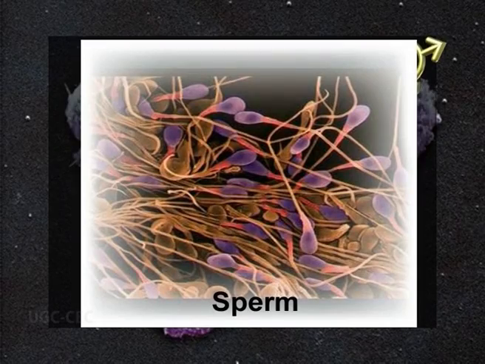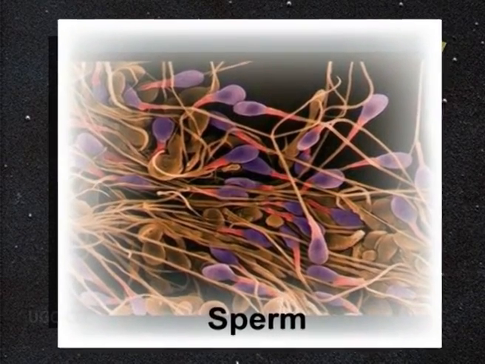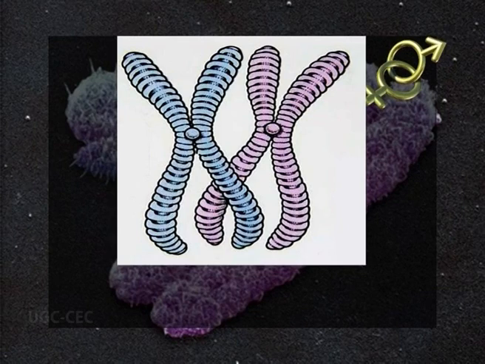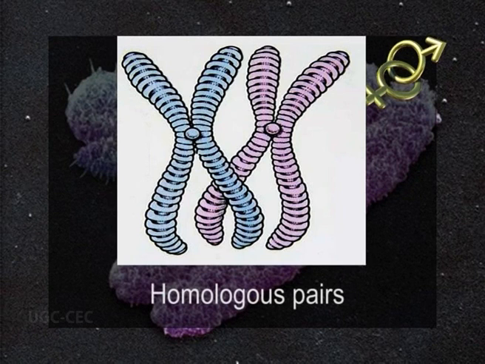Sex chromosomes are thus the chromosomes within a cell that determine the sex of an organism. In all organism cells, with the exception of the sperm and eggs and the gametophyte generation in plants, chromosomes are arranged in pairs called homologous pairs.